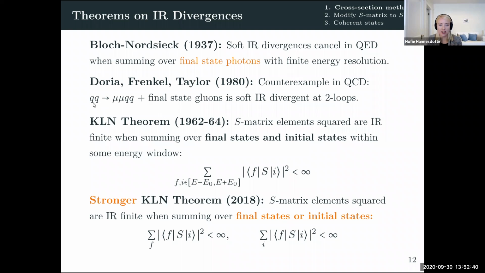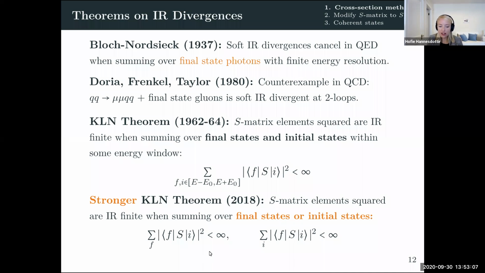So this is what they calculated, QQ to mu mu QQ plus all final state gluons. But in the KLN theorem, we have to sum over all final states. So we can fix our initial state to be QQ, but to be guaranteed a cancellation of the IR divergences, we also have to sum over the process where QQ goes to QQ. We have to sum over the process where nothing happens.